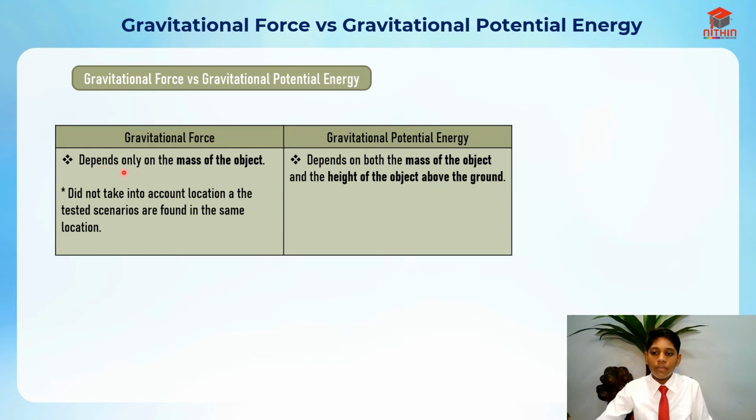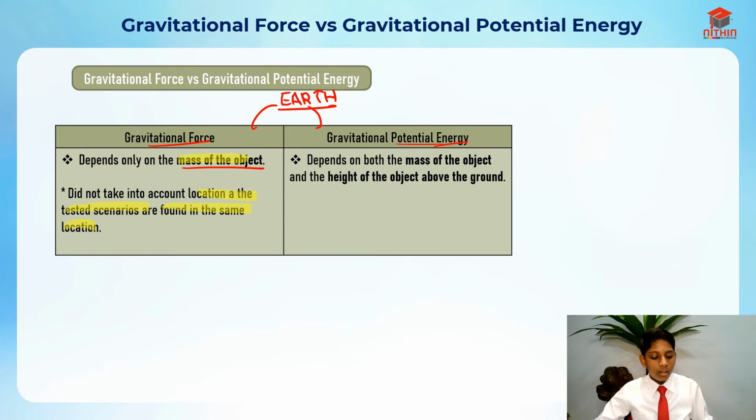Gravitational force depends on only the mass of the object, and we are not going to take into consideration the location of the object, because when we are testing, we are going to show that they are in the same location. So we will just make it as if they are on Earth, okay?